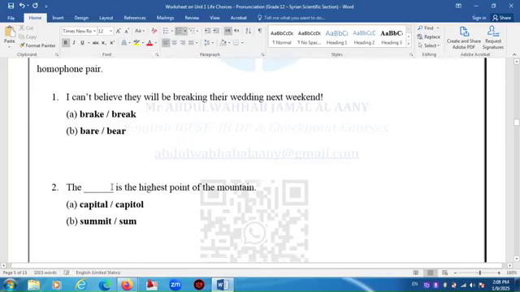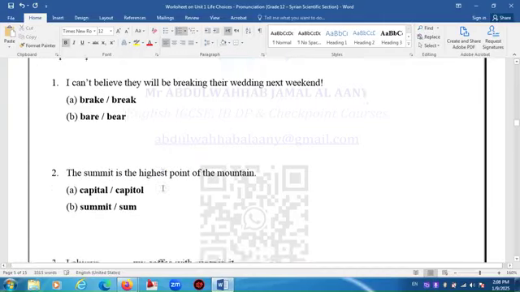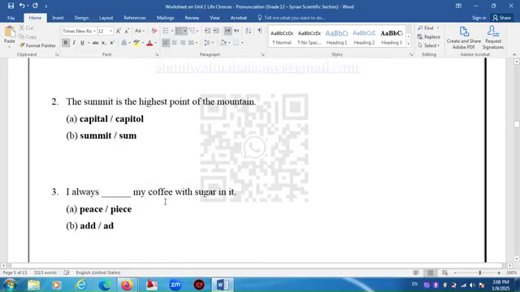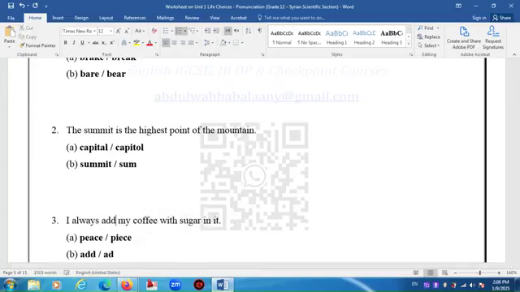The is the highest point of the mountain, the summit. I always my coffee with sugar in it. Add sugar to my coffee. I always add my coffee with sugar in it.